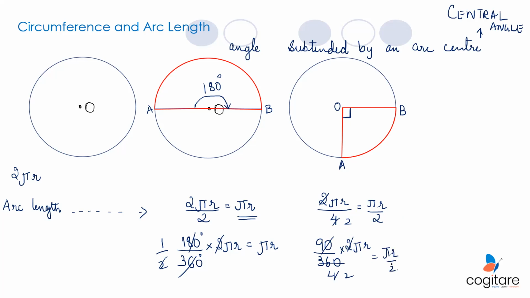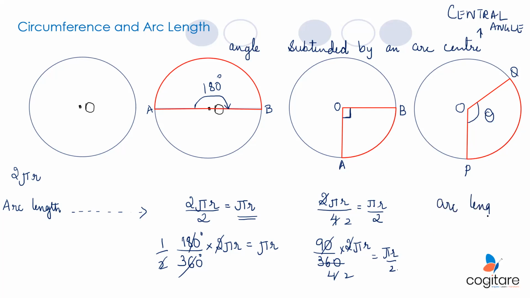So if you extend this thought process, and I have any arc, O is the center, PQ is an arc, as long as I know the central angle theta, then I can say that the arc length is a slice of theta by 360.